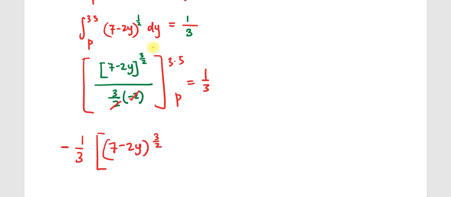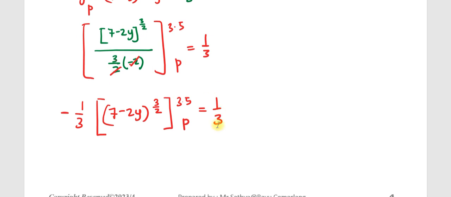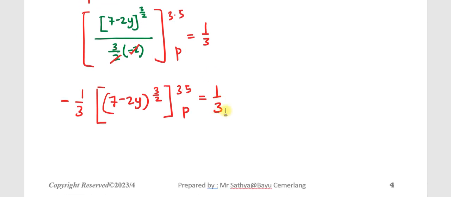To the power 3/2. And then ganti 3.5 and p. You get 1/3. Okay? Right. And then guys, the negative 1/3 you also can bring to that side. You know? It's negative 1/3. Di sini dia darab pergi sana, dia bahagilah. Okay? Jadi, 7 minus 2y.